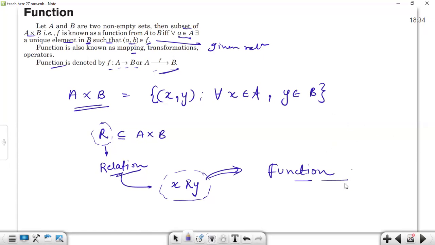Basically, a function is like a machine. Let me tell you the features of this machine.